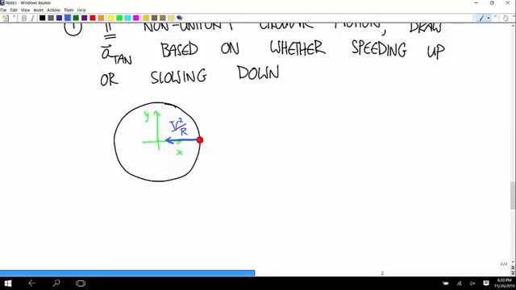And now I didn't say whether it was speeding up or slowing down, which one it was, but let's say that it's slowing down. Then the velocity would be like this. And that means that what we're used to calling the parallel part of the acceleration, now it's the tangential acceleration, would have to be opposite the velocity vector. I'll call that the tangential acceleration.